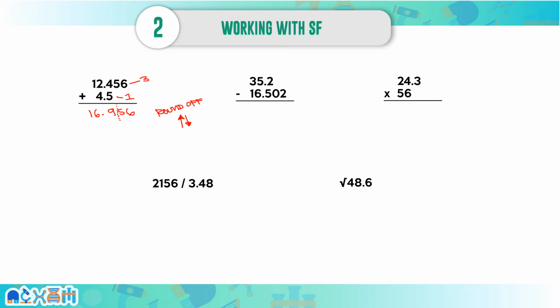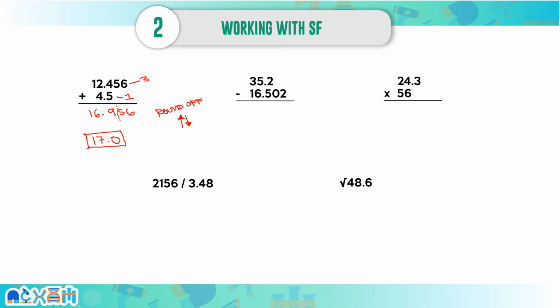We have here 5, 6, so that's more than 50, which means 9 will have to be 0, and 16 should be rounded up, which will give us a value of 17.0 as our final answer. Again, kindly remember that you have to box your final answer for it to be recognized.